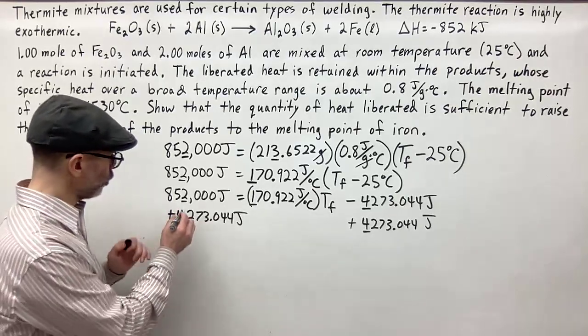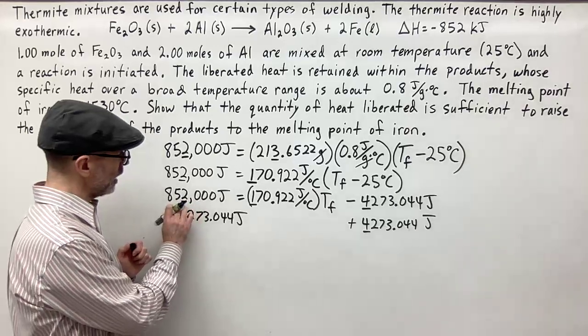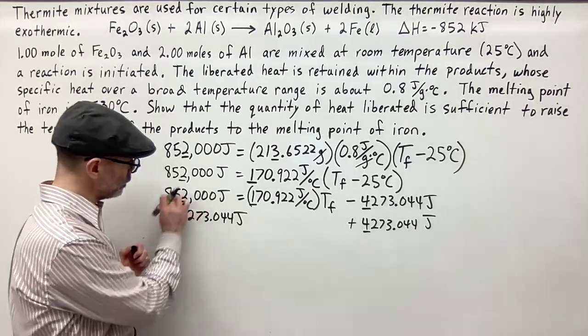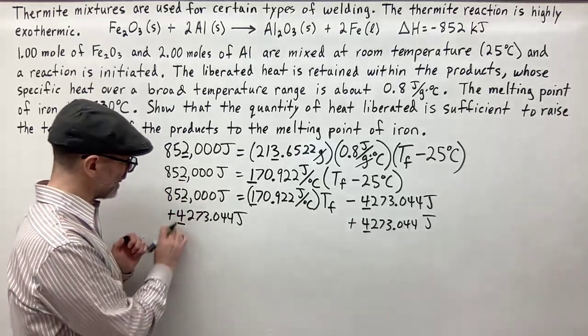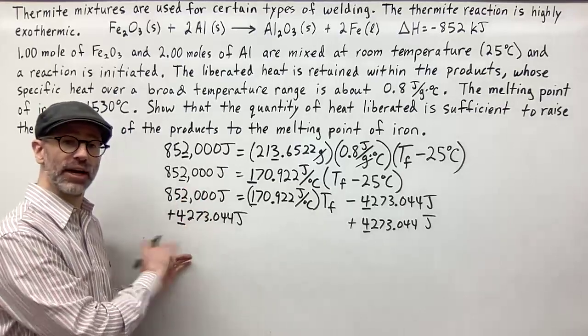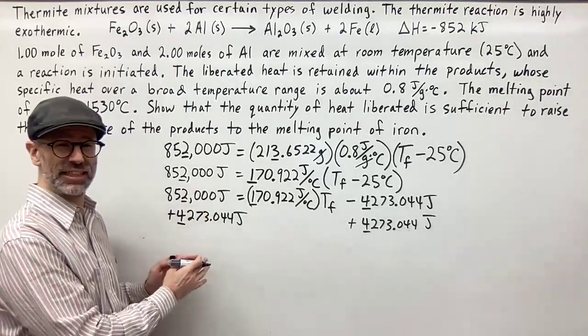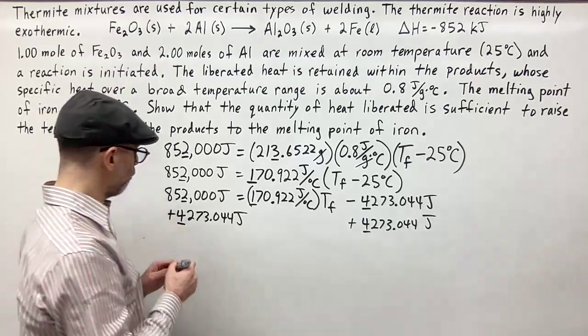So notice that this one has the last significant digit in the thousandths place, and this one has the last one in the thousandths place. So that means the answer here also is going to have the last significant digit in the thousandths place, because that's the least precise of both of them.